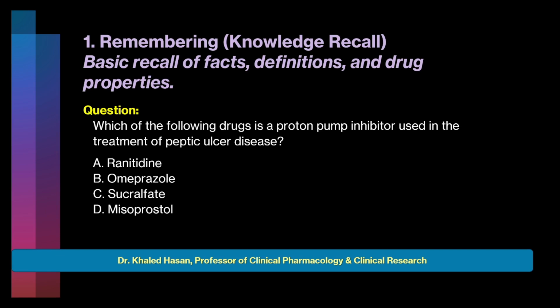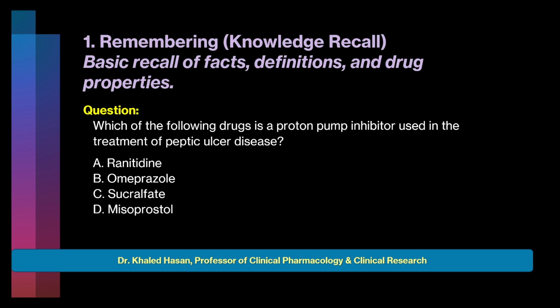The first level of Bloom's taxonomy is the remembering level. Here we expect a student to recall facts, provide definitions and drug properties. The question: which of the following drugs is a proton pump inhibitor used in the treatment of peptic ulcer disease?